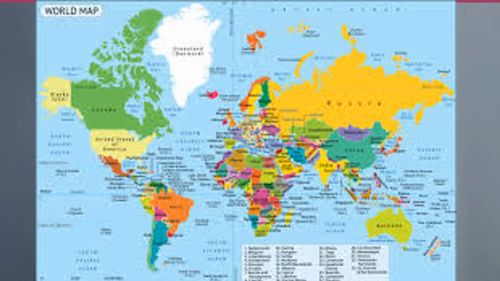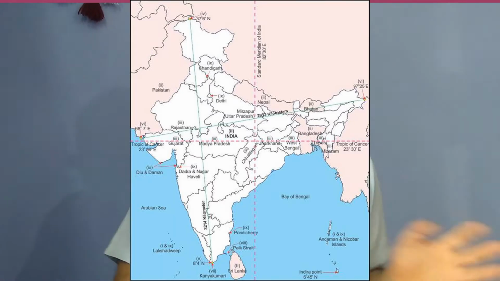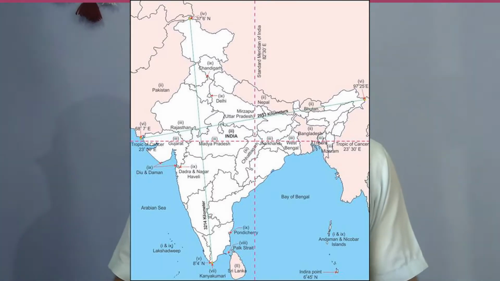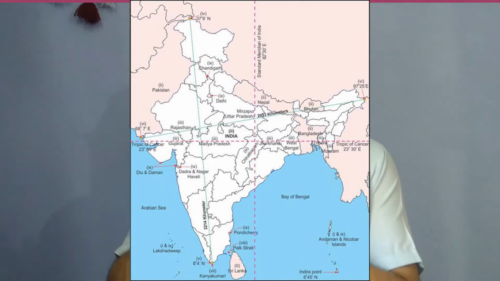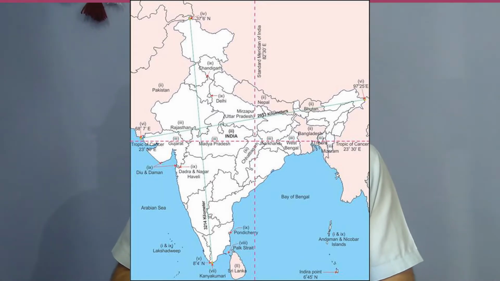If you convert this percentage into square kilometers, India has 3.28 million square kilometers of area. India's distance from north to south is 3,214 kilometers.